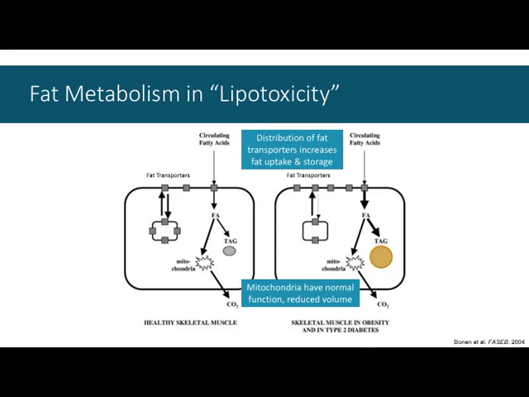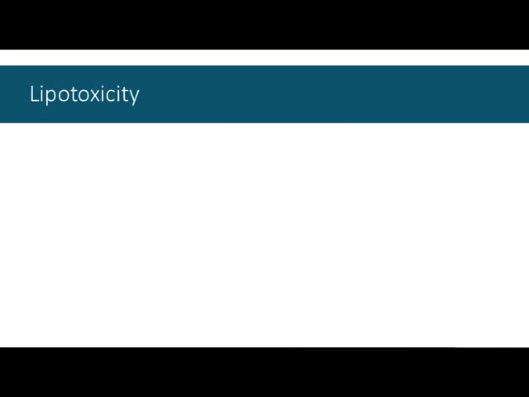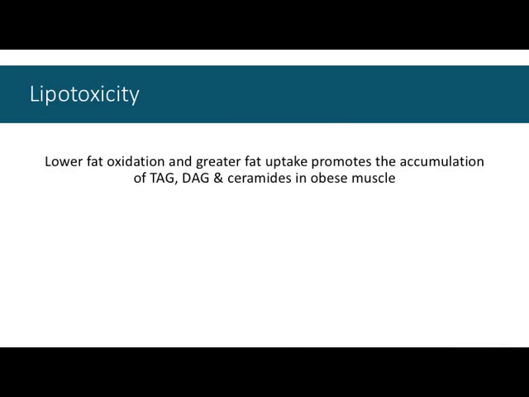But this isn't that satisfying, to me, anyways. I believe that fat uptake is greater, and that we observe an accumulation of triglycerides for sure, and that probably also means diglycerides and ceramides. There's actually a good body of work that correlates all of these, and I'm not showing it to you here because it's just fairly complicated.